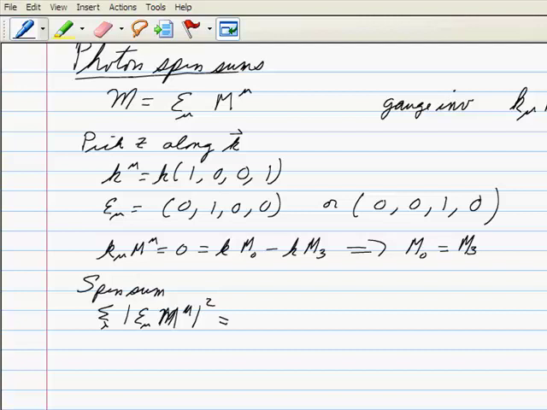So I get M1 squared plus M2 squared. Okay. So we could stop there, but let's not. The more convenient thing to do is to add plus M3 squared minus M0 squared. By adding that, it's 0, since I just proved that M0 and M3 are the same by gauge invariance.